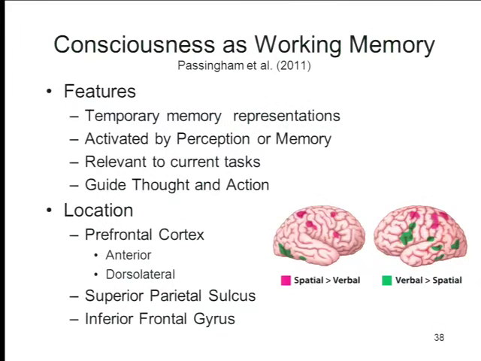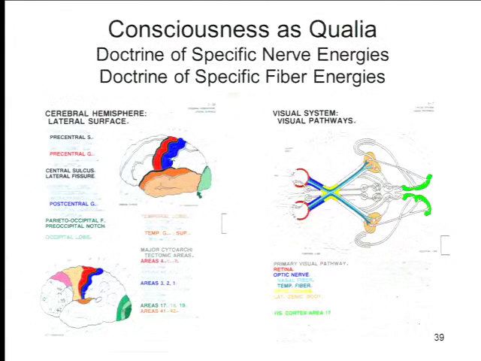If you're engaged in a working memory task, those particular areas tend to be activated. So again, if we want to identify consciousness with working memory, which is not a bad idea, okay, we know what some of the neural correlates are of properly functioning working memory. And again, this is the strategy for these kinds of experiments.